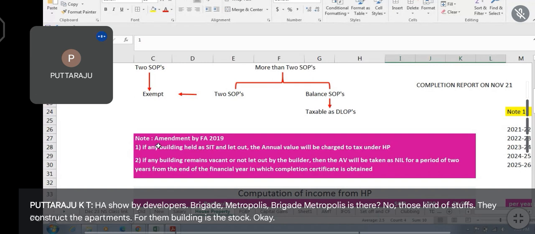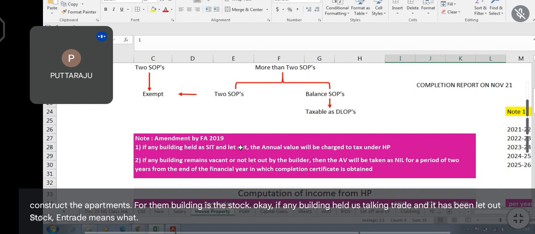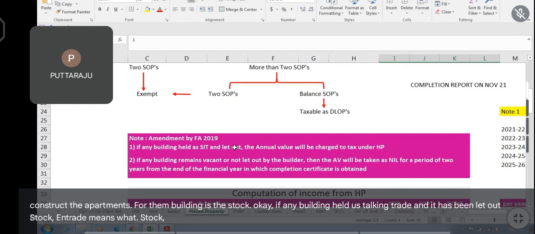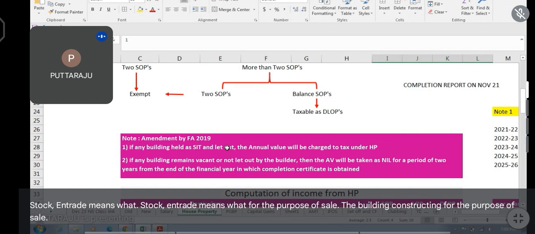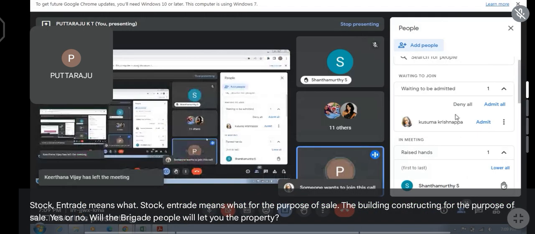If any building is held as stock in trade and it has been let out. Stock in trade means what? For the purpose of sale. The building is constructed for the purpose of sale. Will the Brigade people let out the property or will they sell?